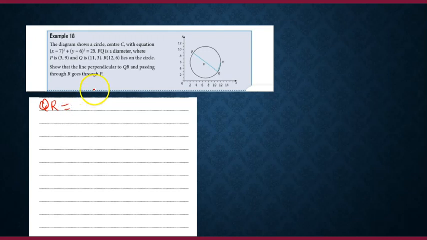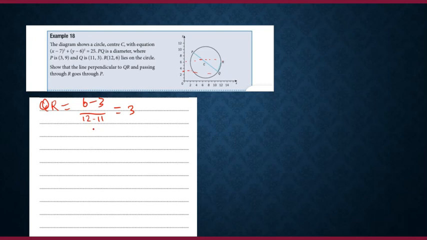The change in y for QR is 6 minus 3, divided by the change in x, 12 minus 11. So this becomes 3. So the gradient is 3.